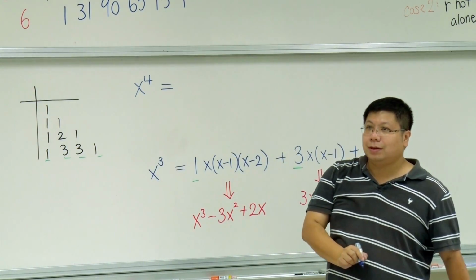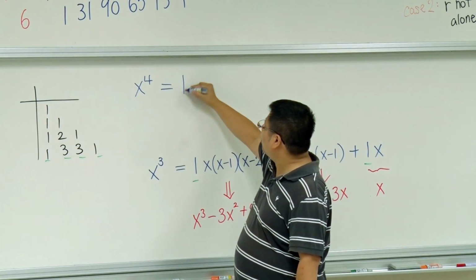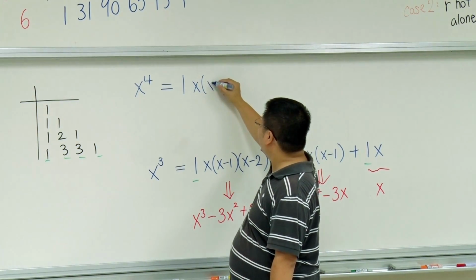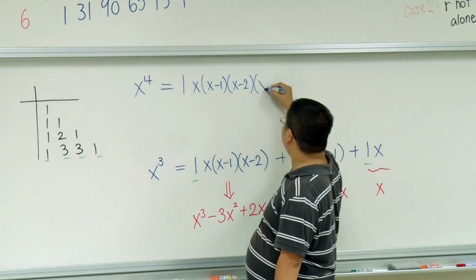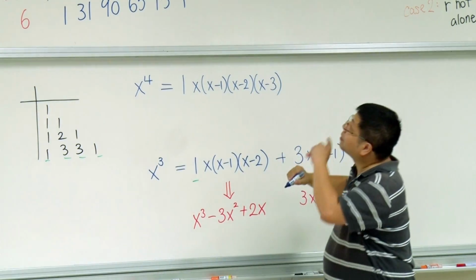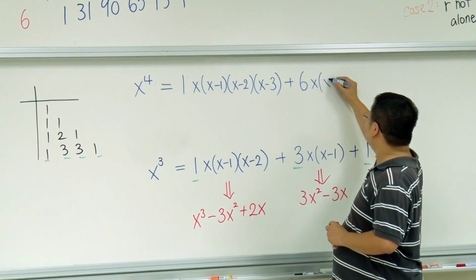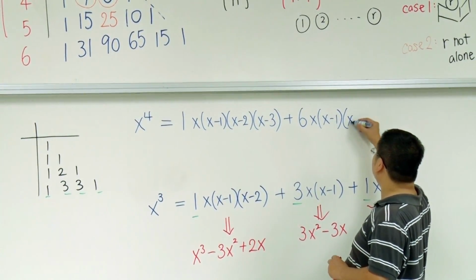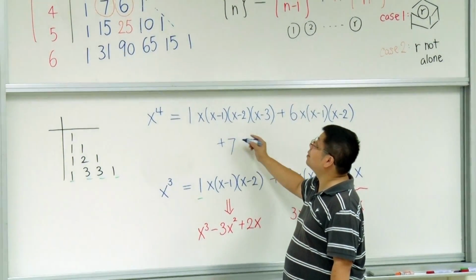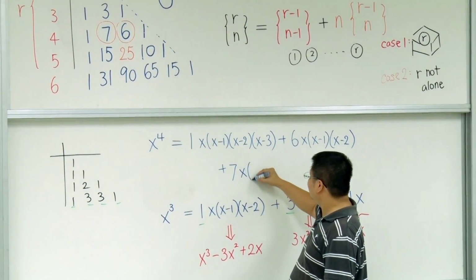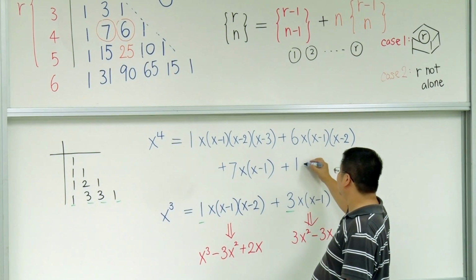I'm claiming that this is going to be 1 times x(x minus 1)(x minus 2)(x minus 3), plus 6 times x(x minus 1)(x minus 2), plus 7 times x(x minus 1), and then finally plus 1x.